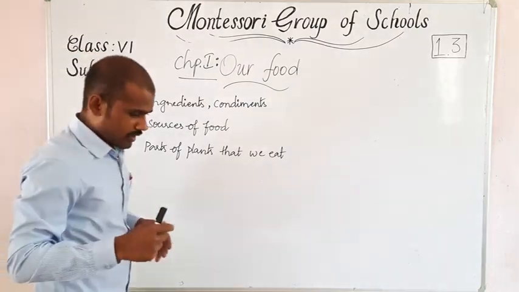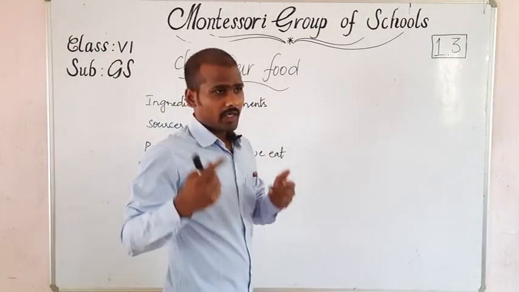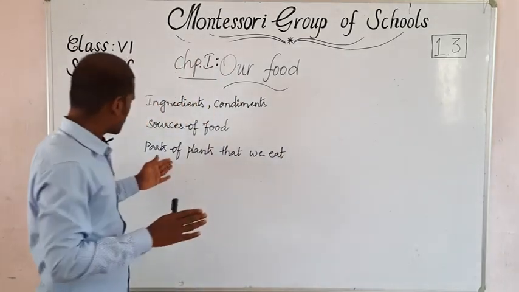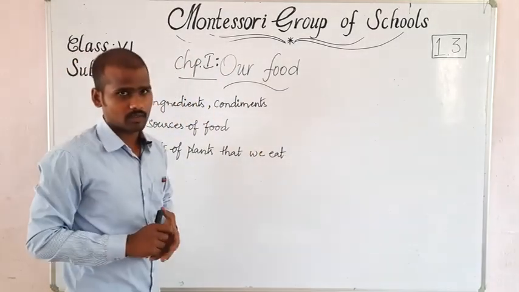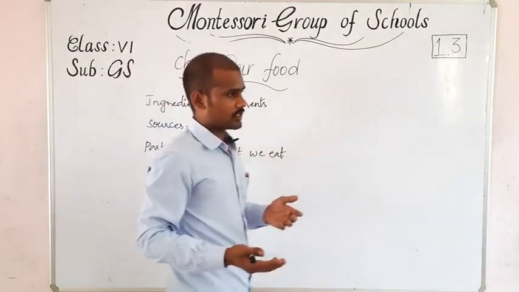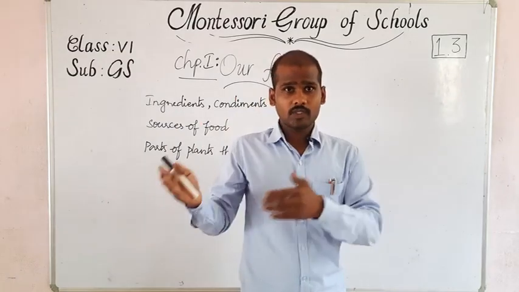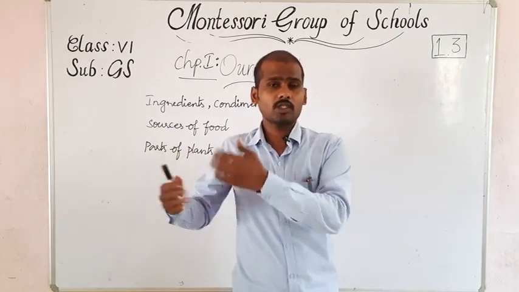In our previous class I also asked you to collect some information regarding these parts of plant that we eat. I want you to collect at least 10 plants, and the parts of these plants which are ready to eat, I mean which we can eat.